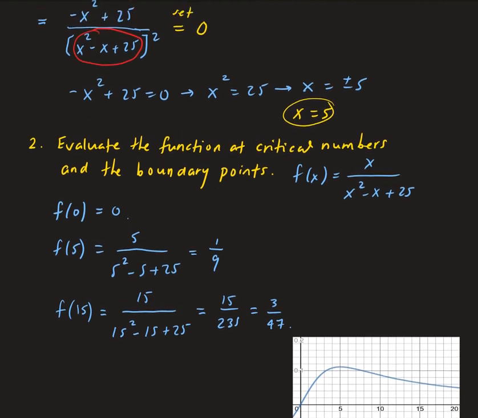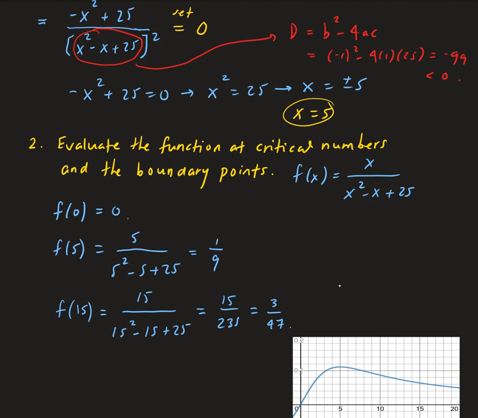The reason is because if we look at the discriminant of this, this is a quadratic. The discriminant is b squared minus 4ac, where b is -1, a is 1, and c is 25. So this gives us a value of -99, and that is less than 0.